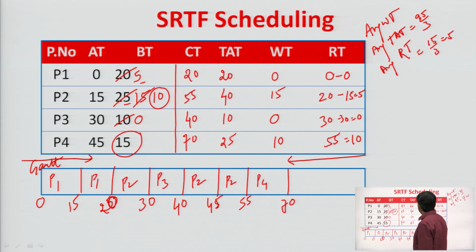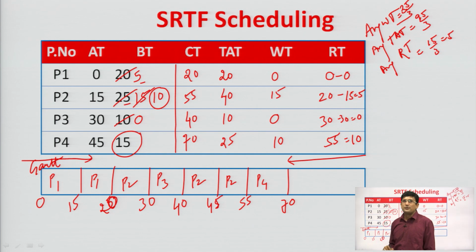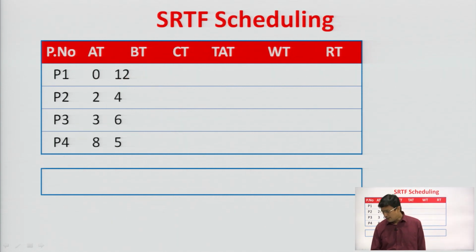Average waiting time, sum all the waiting times, that is 25, and divide by the number of processes. So, this is the SRTF scheduling algorithm, in which we are calculating the parameters according to the process which has the least burst time at any given point of time.